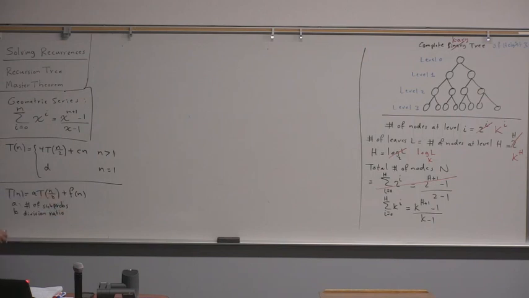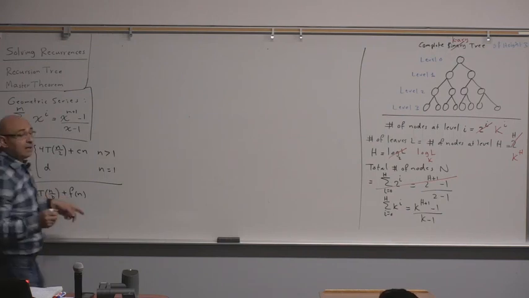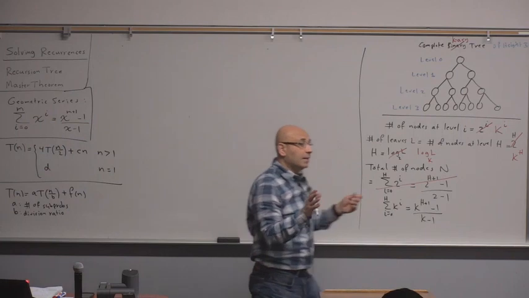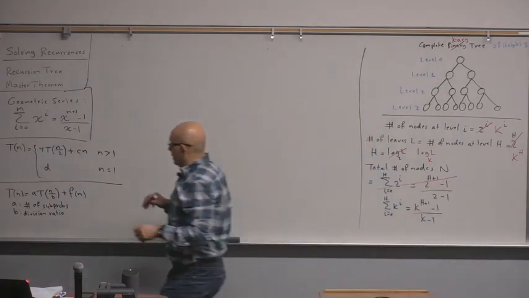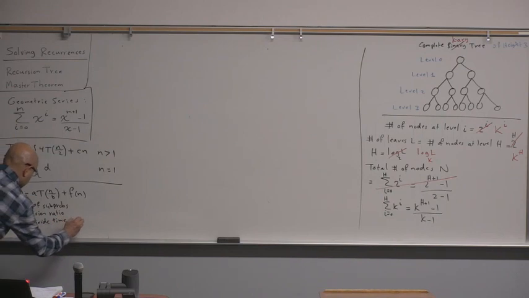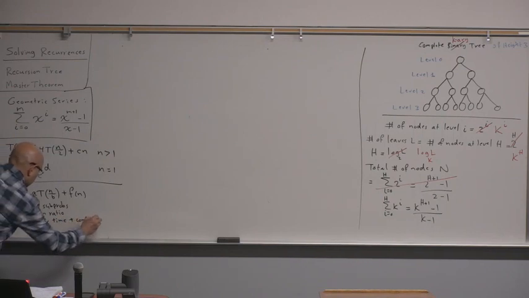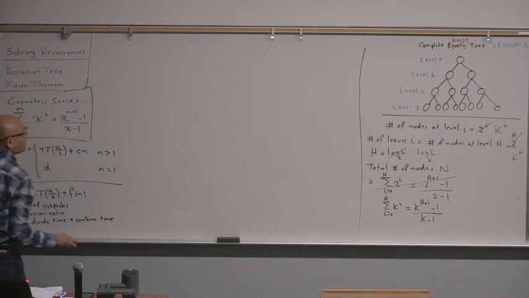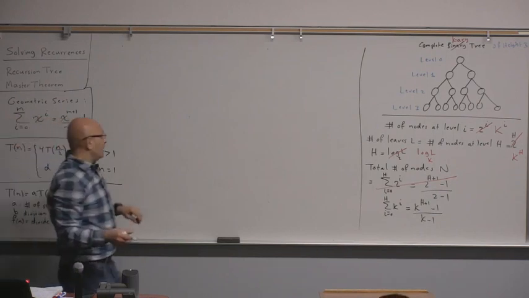And what's f of n? No, f of n is not the base. Yeah, it's the combine time plus the divide time, both of them. When you add the combine and the divide, that's f of n. So f of n is divide time plus combine time.